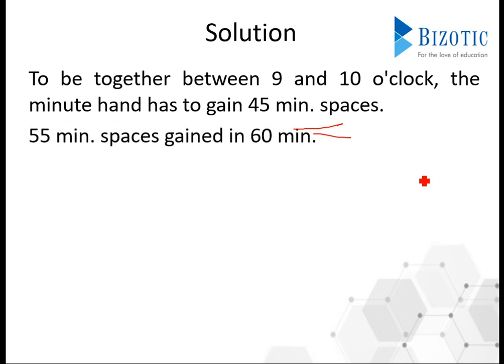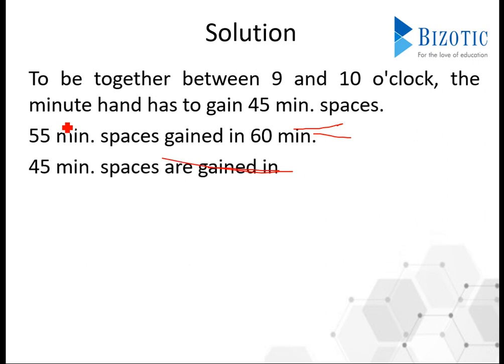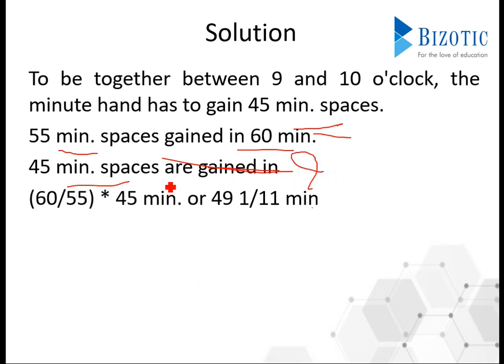We know that 55 minute spaces are gained in 60 minutes. But we need 45 minute spaces. So very simple: 55 minute spaces are gained in 60 minutes, so 45 minute spaces will be gained in how many minutes? Again, cross multiplication: 60 by 55 into 45. This will go in 11, 12 by 11 into 45.